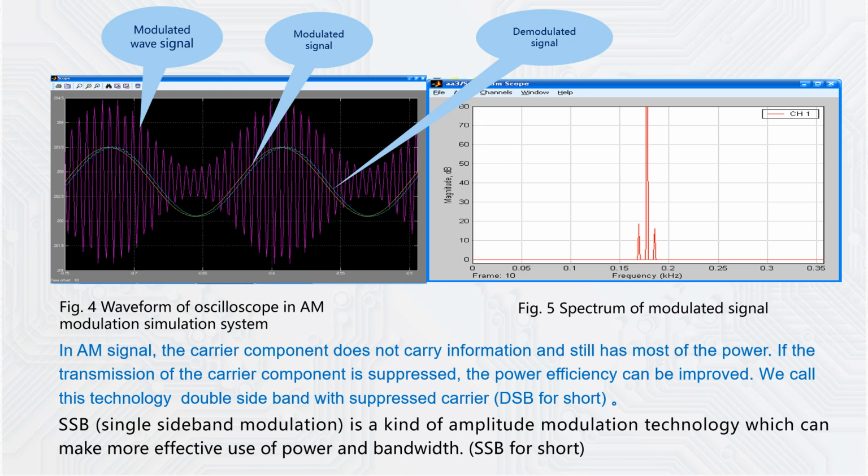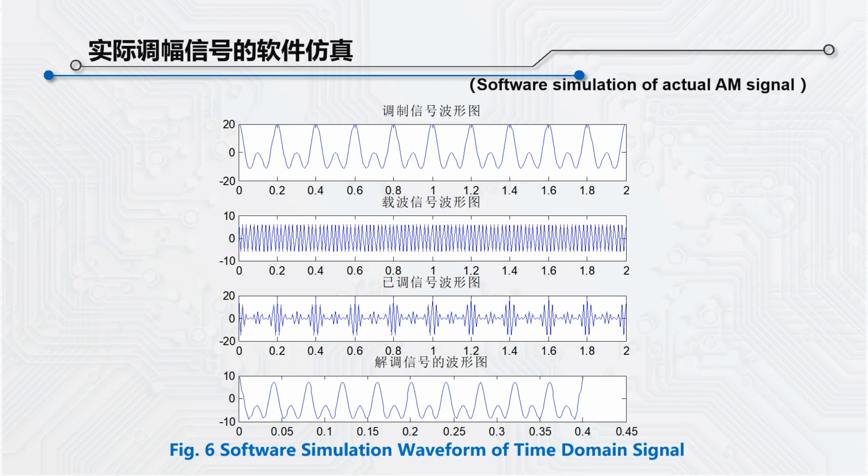Of course, single sideband modulation is an amplitude modulation technique that can achieve more efficient usage of power and bandwidth. It is called SSB. So, in addition to AM modulation, there are many other amplitude modulations, including DSB and SSB.